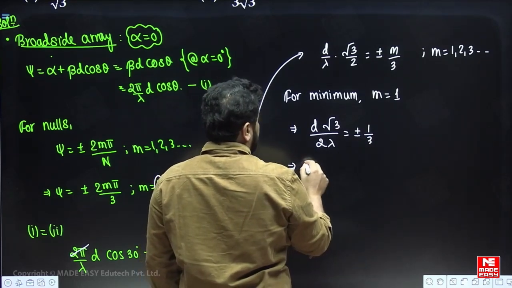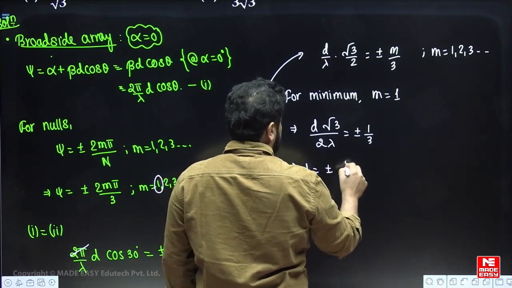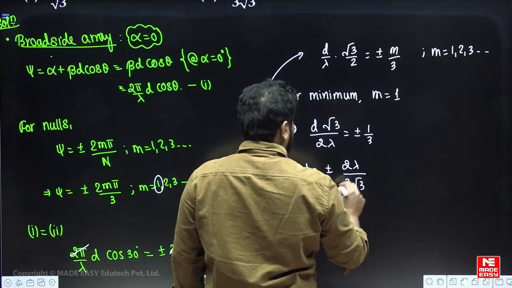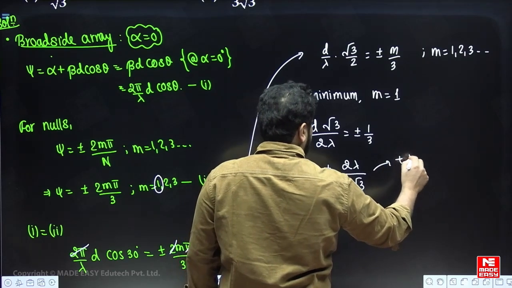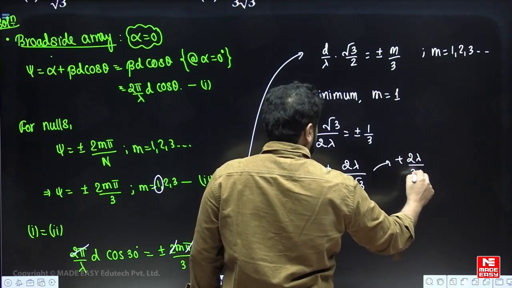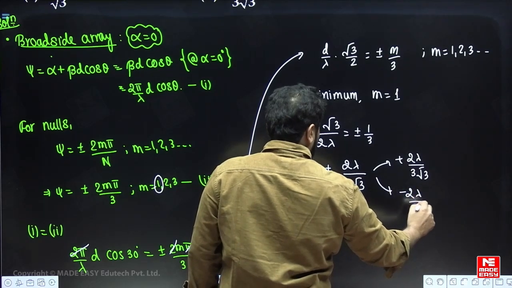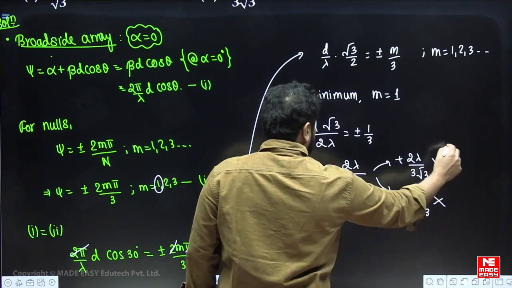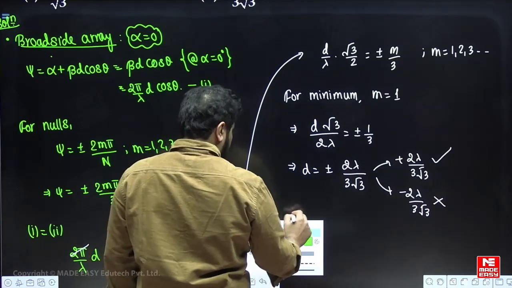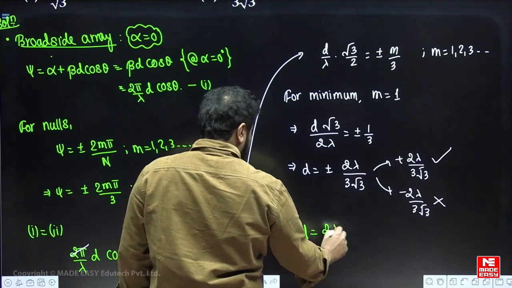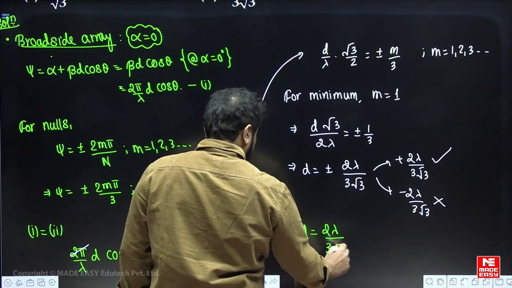So they are asking d. So d is equal to plus minus 2 lambda upon 3 root 3. Now distance cannot be negative. That means it is a plus of 2 lambda upon 3 root 3 and this is your minus 2 lambda upon 3 root 3. We know that distance cannot be negative, so we have to take distance to be positive. So what is the value of d? So therefore minimum spacing is how much? It should be 2 lambda upon 3 times root 3.